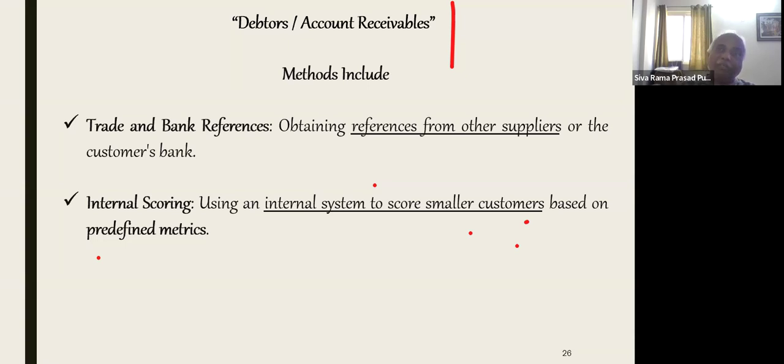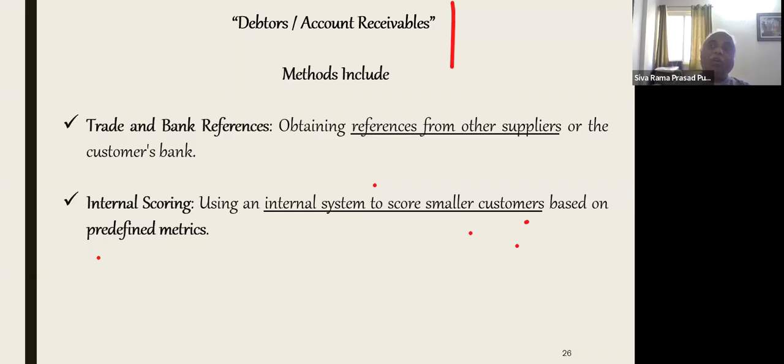And internal scoring: using internal scoring of the customer based on a predefined matrix. The finance department also develops some scoring for new buyers who are going to take goods on credit. So those types of systems prevail.